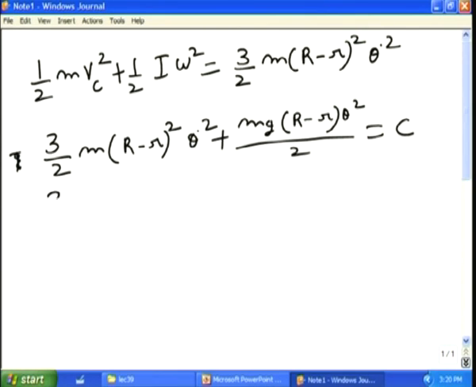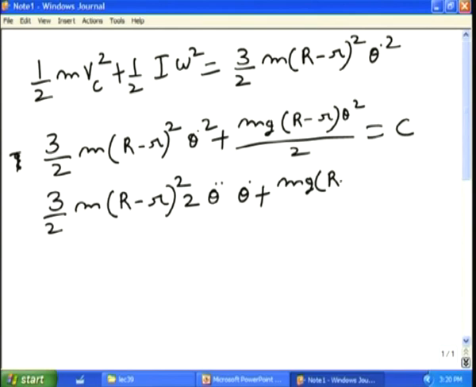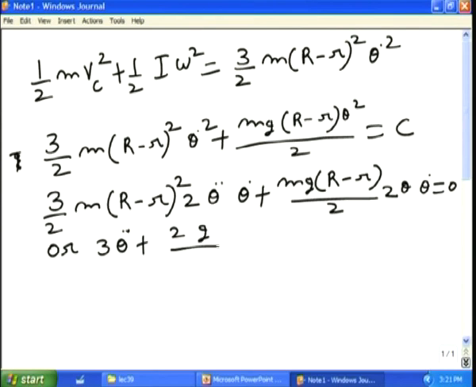This must be 0, that means 3/2 m (R − r) square 2 theta double dot theta dot plus mg (R − r) by 2 theta theta dot equal to 0, so theta double dot plus 2g divided by 3(R − r) into theta equal to 0.